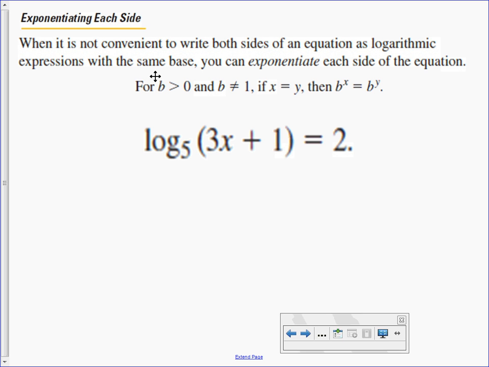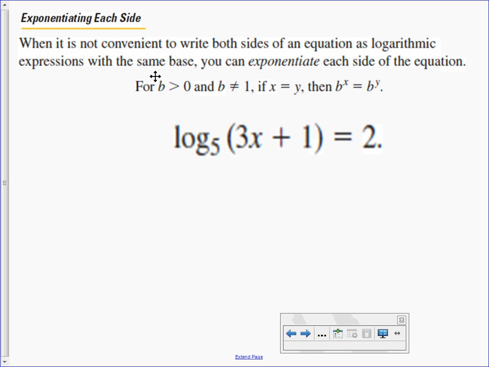What's the log base on this problem? 5. Now what I want to do here is create something to make this look like this. I need to get these bases to be the same. Since this is a base 5, what I wind up doing is 5 to the log base 5 of 3x plus 1.